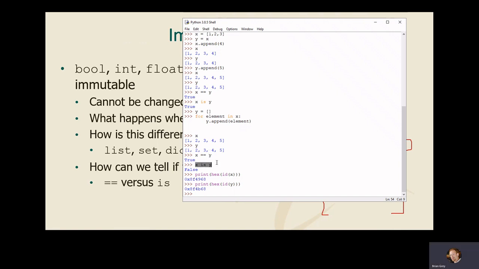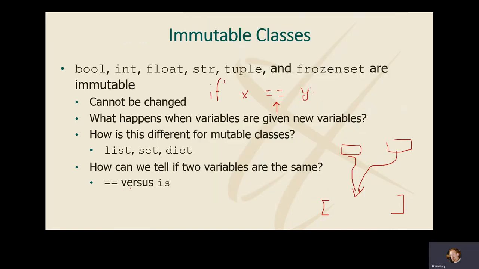And for is, this operator means not, are the values the same? Do the two lists contain equivalent things? It says, are they literally pointing to the same memory address? So this is the difference between these two.